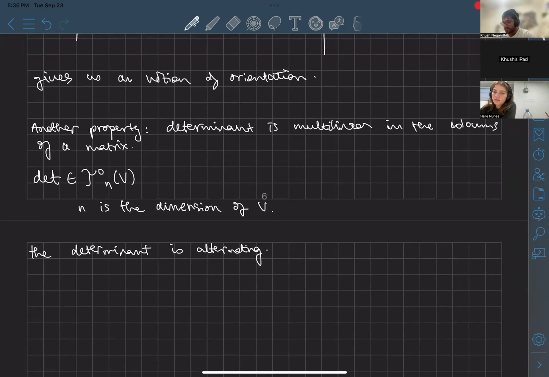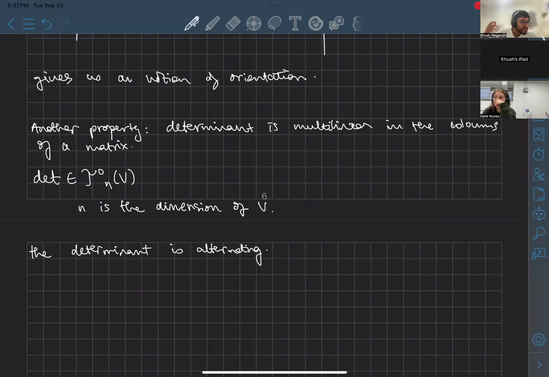As it'll turn out when we talk about the exterior algebra, being a tensor of type 0 n and being alternating puts you in a one-dimensional vector space. So every alternating multilinear map is a scalar multiple of the determinant.